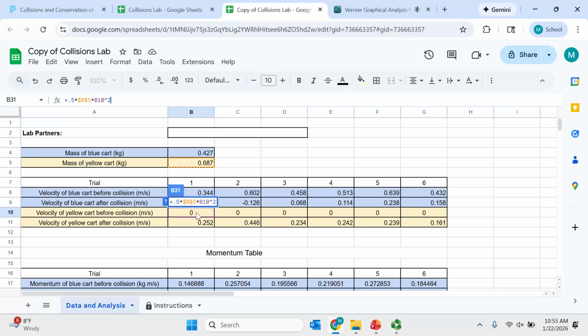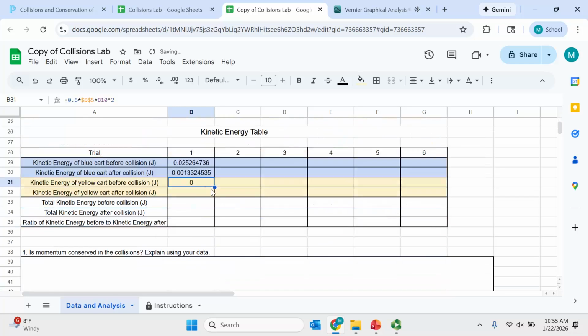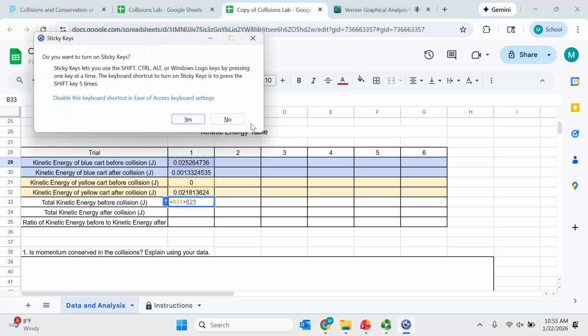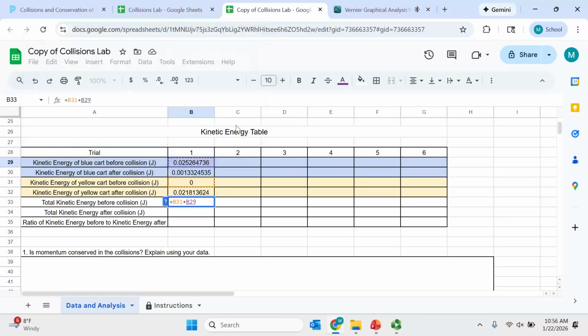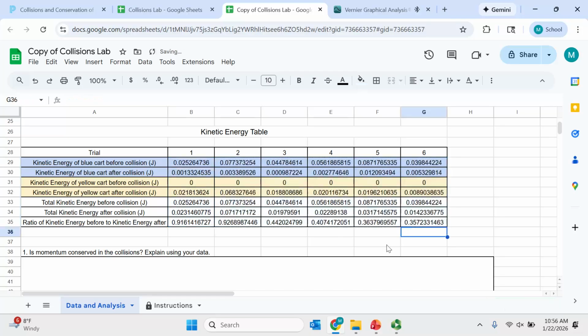It's V squared, so I have mv squared. And then I want to do the same calculations I did here: initial, total final, and then ratio. There we go. And then I can drag that across and copy that to all the cells.